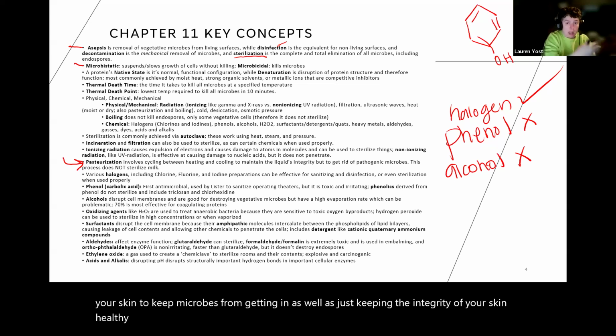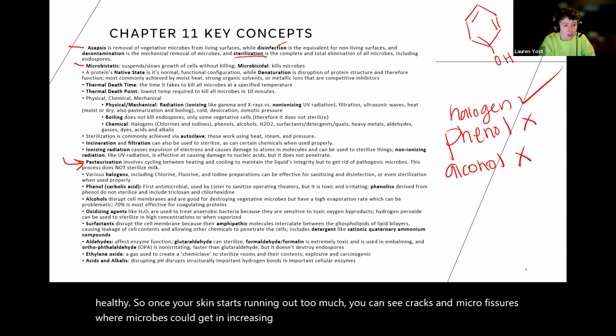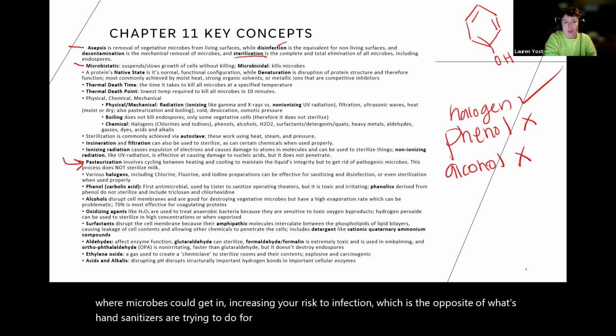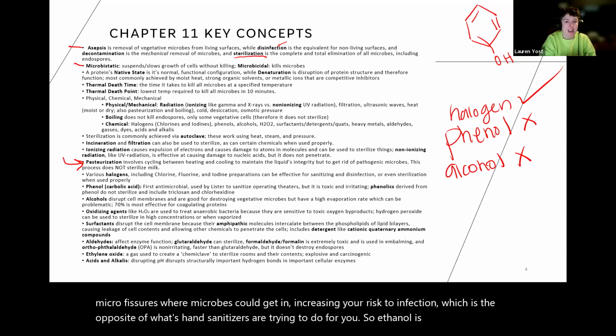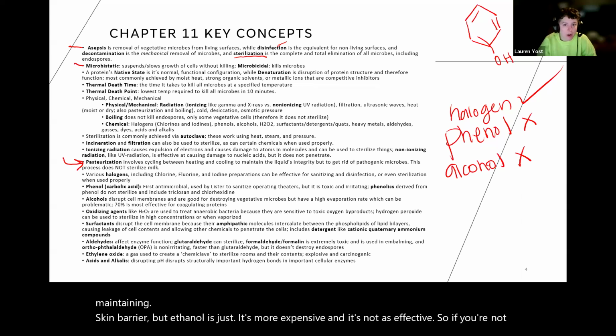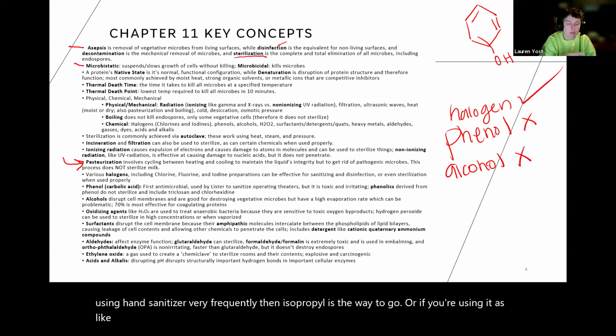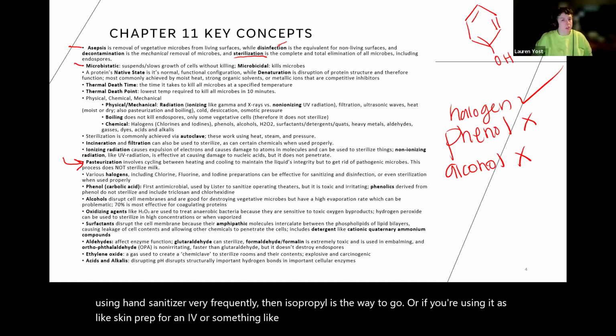Once your skin starts drying out too much, you can see cracks and micro fissures where microbes could get in, increasing your risk of infection, which is the opposite of what hand sanitizers are trying to do for you. So ethanol is better about maintaining your skin barrier, but ethanol is more expensive and it's not as effective. So if you're not using hand sanitizer very frequently, then isopropyl is the way to go. Or if you're using it as skin prep for an IV or something like that, then isopropyl is better.